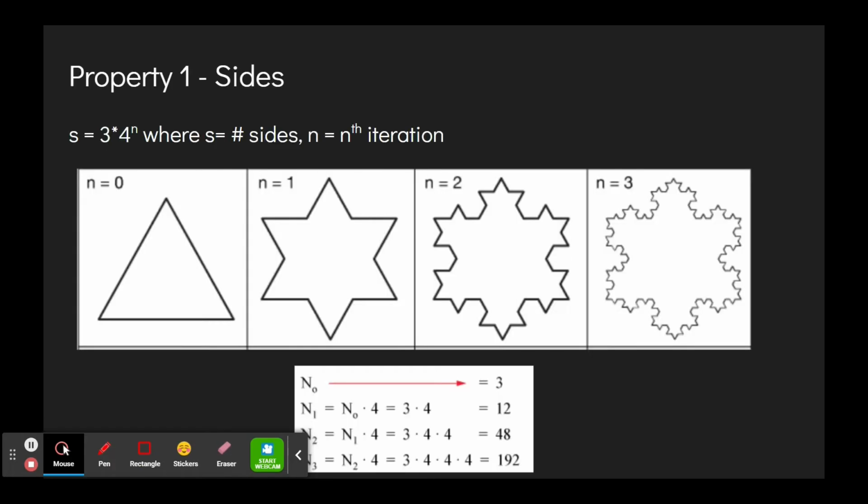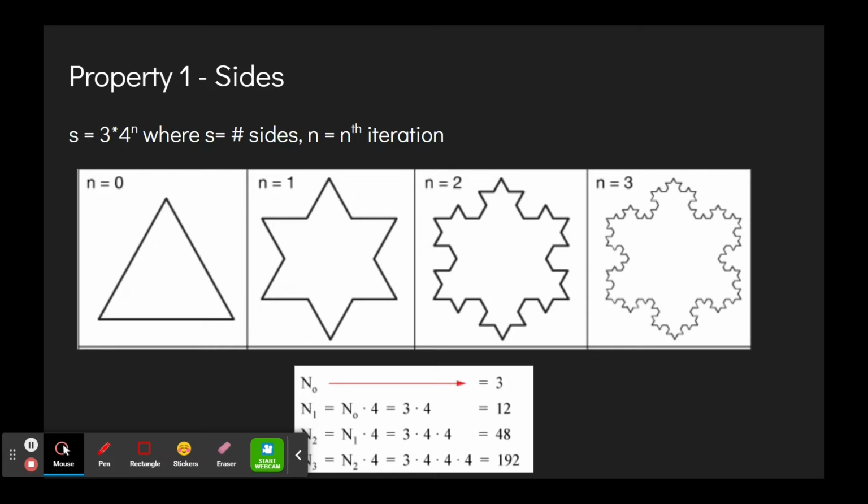The first property that we will be exploring is sides. The formula to find the number of sides is s equals 3 times 4 to the n, where s is the number of sides and n is the nth iteration. Each side gains a new triangle in the next iteration. The 4 comes from the number of new segments made after every new iteration.